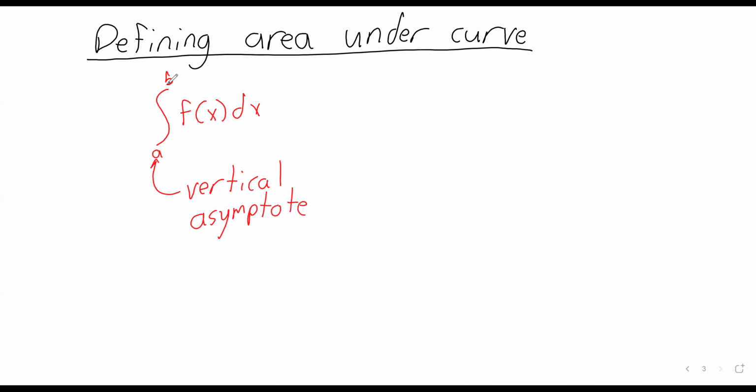So this function isn't defined at A. And I mean, it's not defined at A in this specific way. It's not defined at A because we get a division by zero error at A.